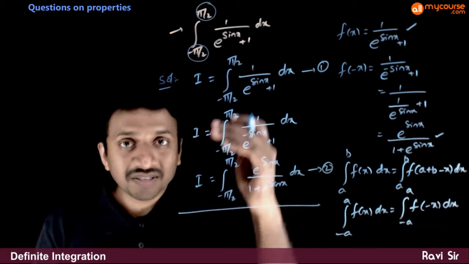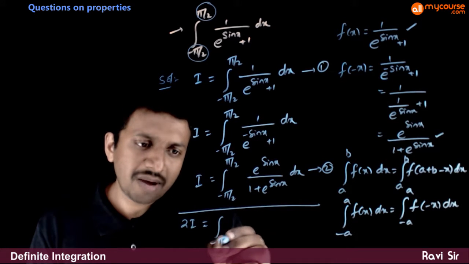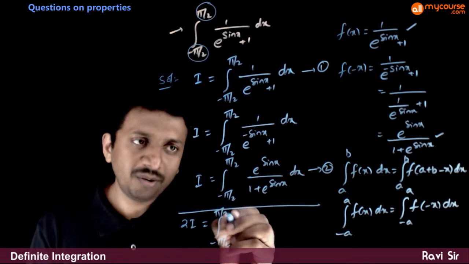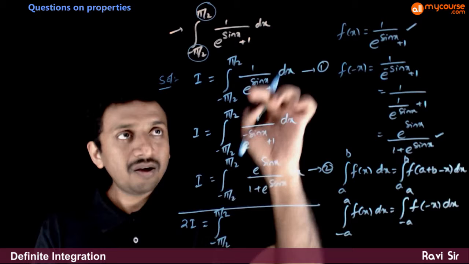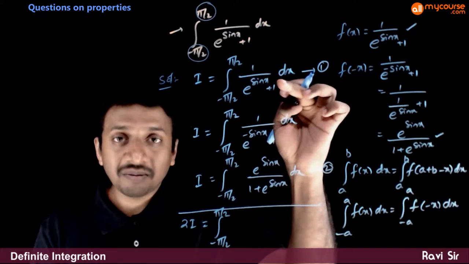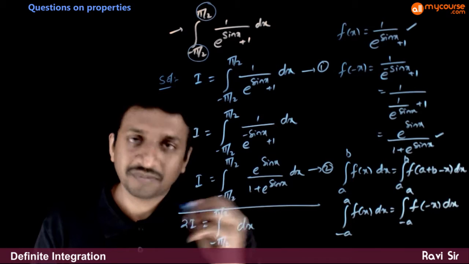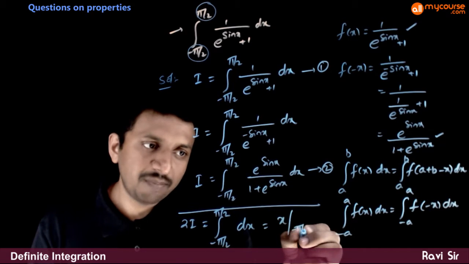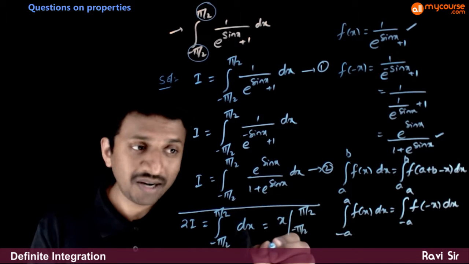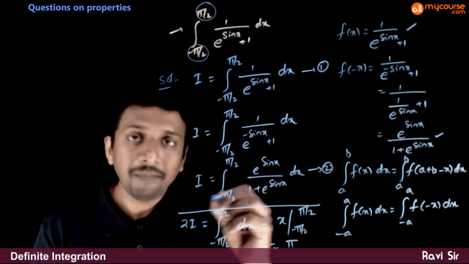Let this be equation 1 and this be equation 2. What happens if I add these two? 2I is equal to integration minus pi by 2 to pi by 2, and if you add these two, something nice happens: 1 plus e power sin x by 1 plus e power sin x, which is 1, dx. That is equal to x from minus pi by 2 to pi by 2, which is pi by 2 minus of minus pi by 2, that is pi.